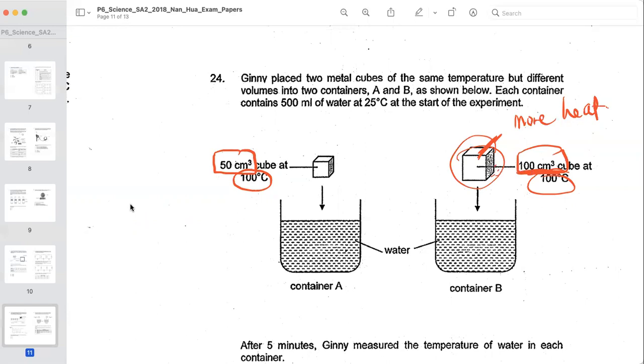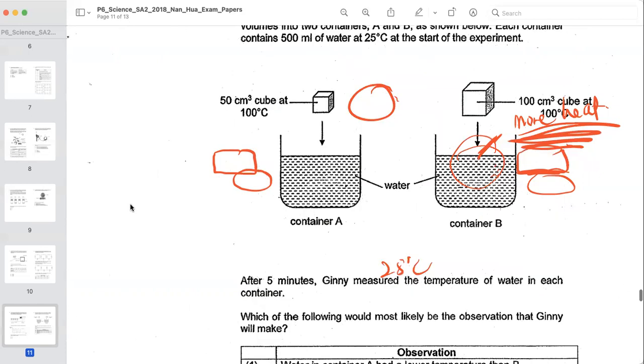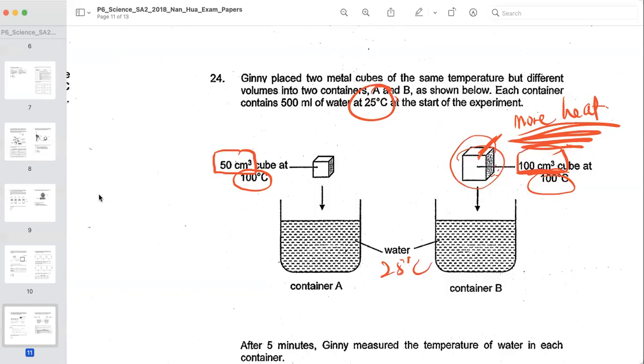Now, then you drop it into water, which is at 25 degrees Celsius. This one contains more heat. So what happened? If it contains more heat, naturally it will transfer more heat to the water in container B. So the water in container B will be at a higher temperature at the end.